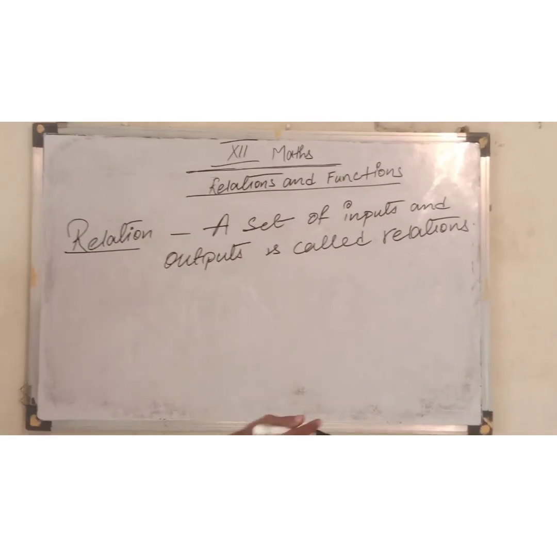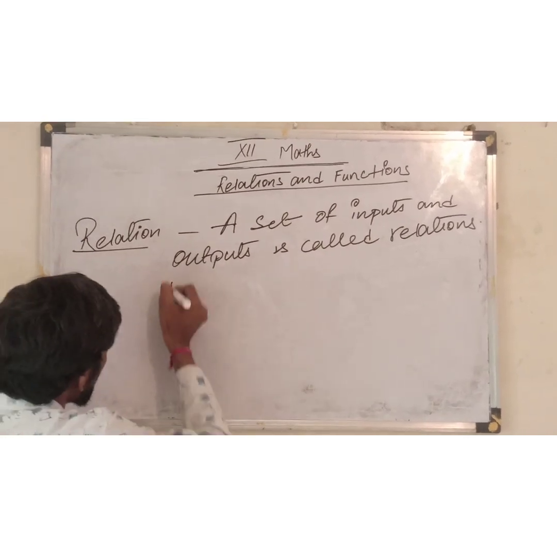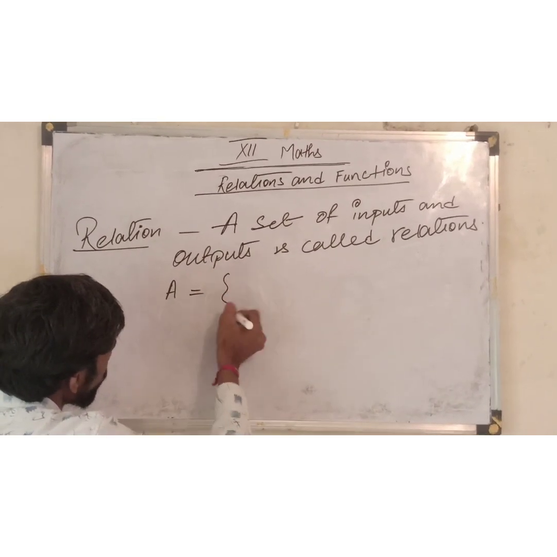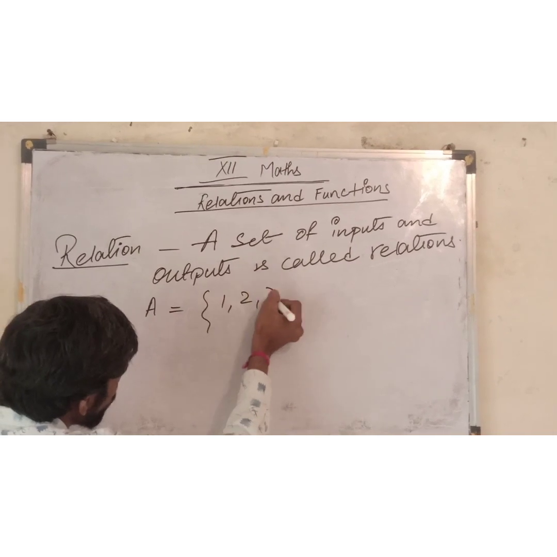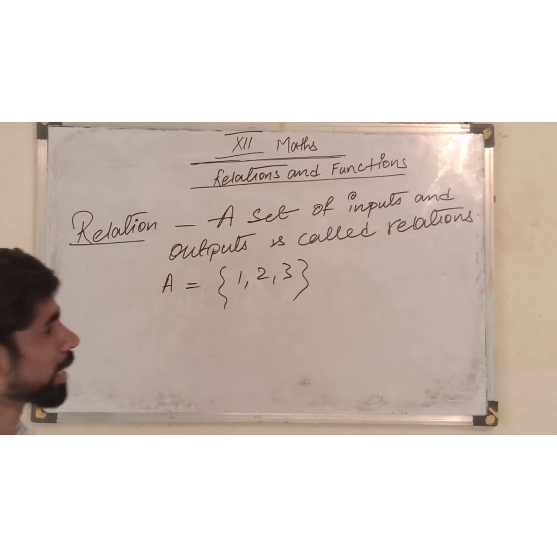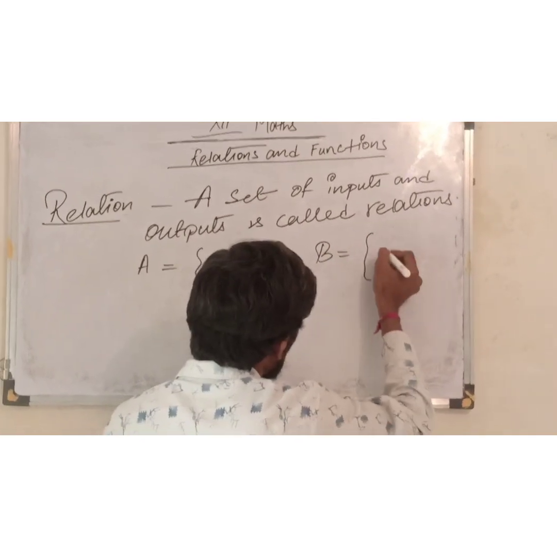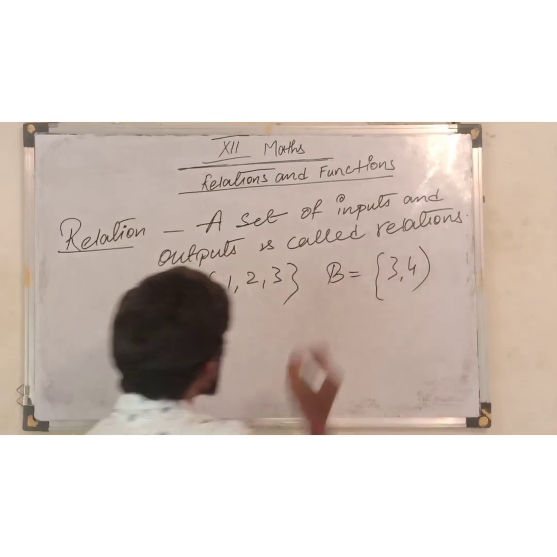And here, the Cartesian plane we know very well. For example, let set A's elements be 1, 2, 3 and B's elements be 3 and 4.